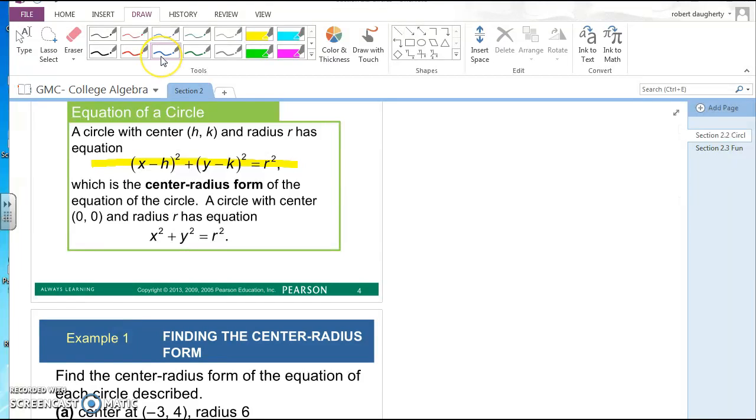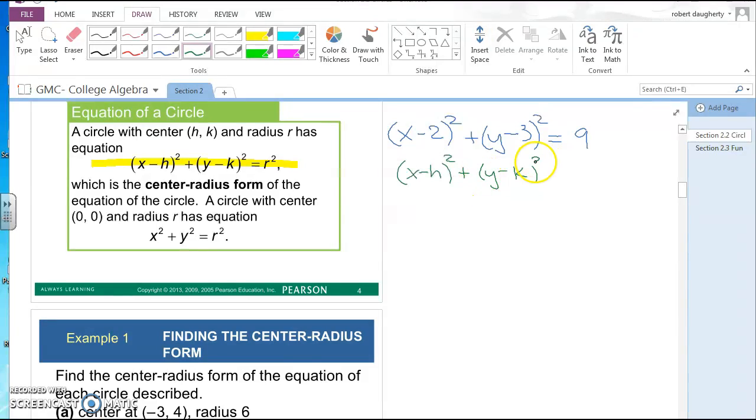Let's just do an example real quick. If I gave you (x minus 2) squared plus (y minus 3) squared equals 9, I'm trying to get it into the form (x minus h) squared plus (y minus k) squared equals r squared. That's my form for the equation of a circle.